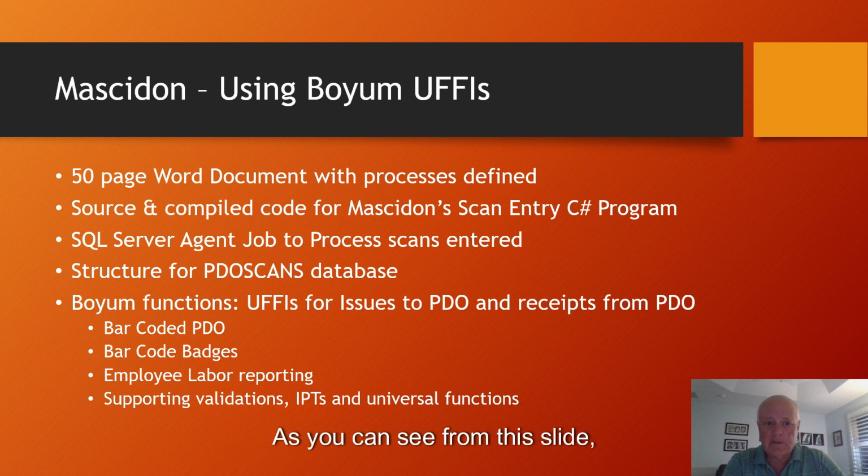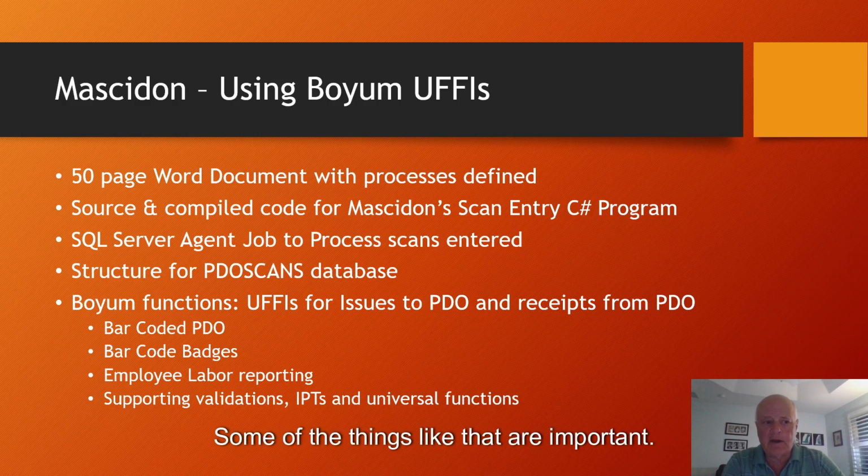As you can see from this slide, we're providing a number of things. It's roughly a 50-page Word document with all the processes defined, including simple things like how do you get a Zebra interrupt scanner to automatically put in a carriage return, so when you scan a production order as an example, that it automatically hits the return key.